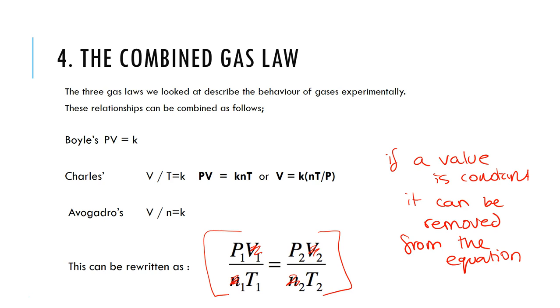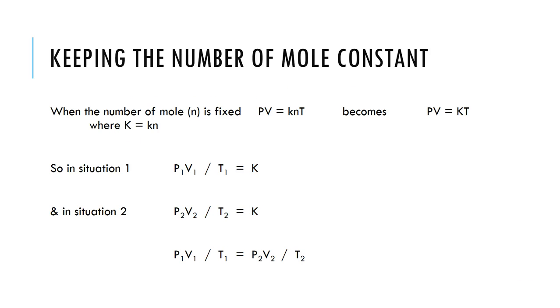As long as we remember those relationships, we can just remember the combined gas equation and remove any terms that our question states as being constant. It becomes a very useful equation because we can remember all three gas laws by combining them into this one gas law.